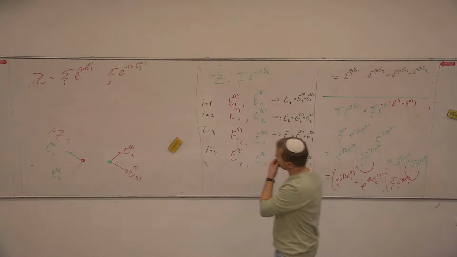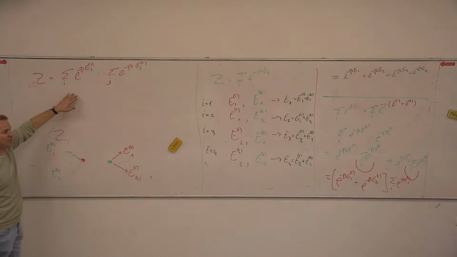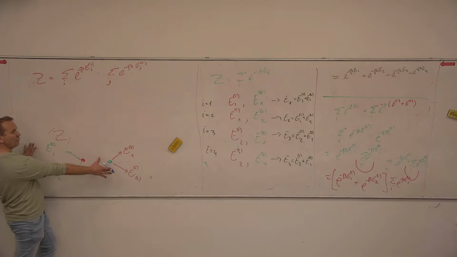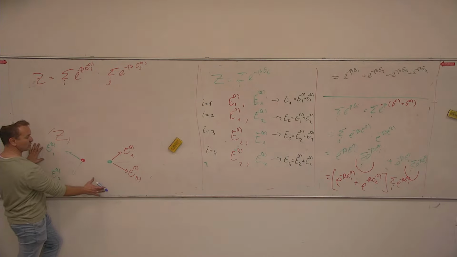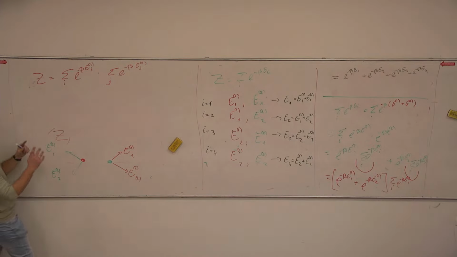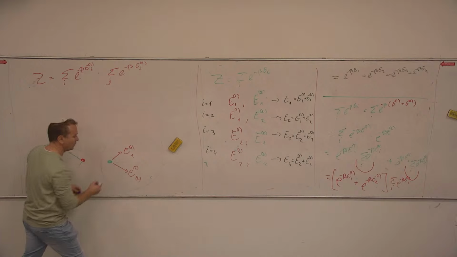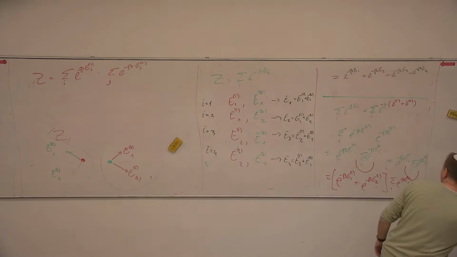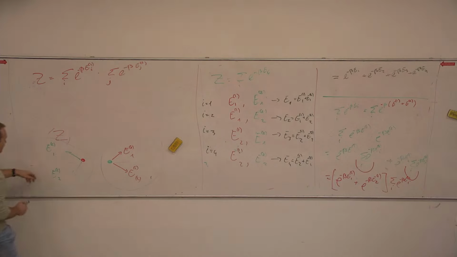Now, yes, mathematically correct, but if you look at two systems: now we had a system that was combined of two particles. But let's assume that we have, instead of one big system, two systems. This is system 1, and this is system 2. The partition function of system 2 is Z2, the sum over I of e to the power minus beta E2,I.